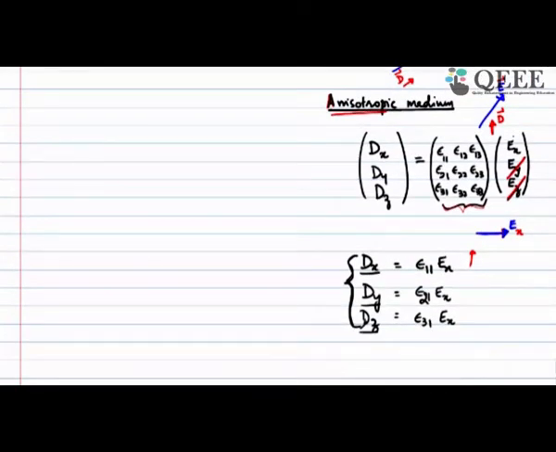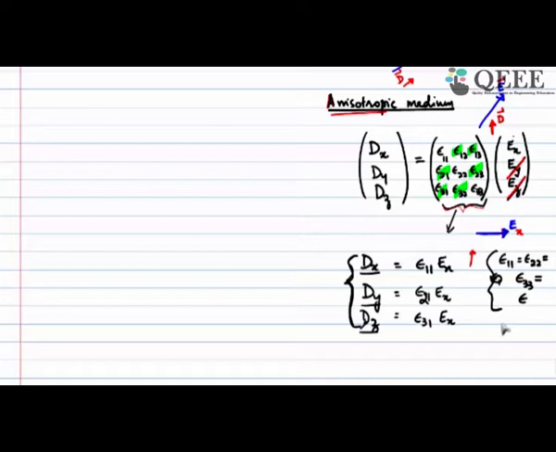So what is isotropy in this case? For an isotropic material, all the cross terms, whatever I am marking as green, are zeros, and epsilon 11 equal to epsilon 22 equal to epsilon 33 is the epsilon of the medium.